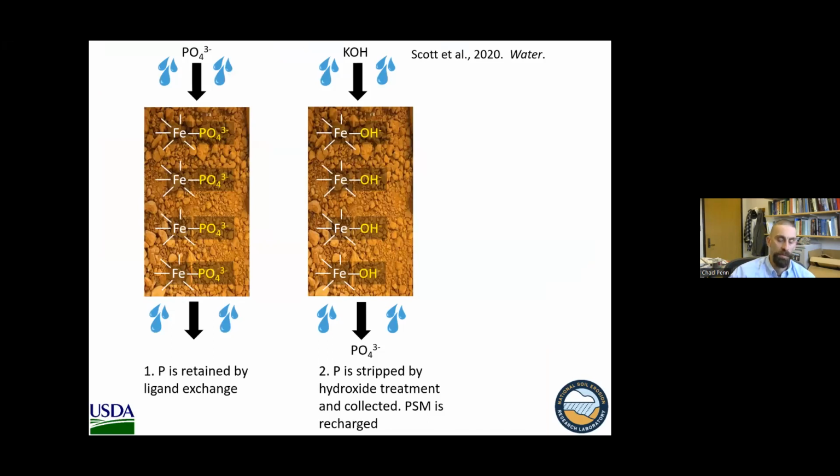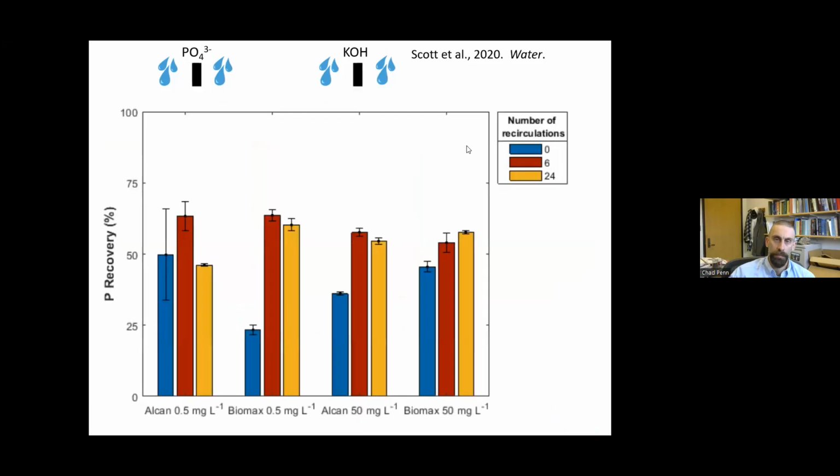I mentioned the process for stripping phosphorus off of some of these materials. If you're using an expensive manufactured material that's worthwhile of doing that, then sometimes it's worth it to strip the phosphorus off of it when it's become saturated. So we developed a process to do that using potassium hydroxide and recirculate.